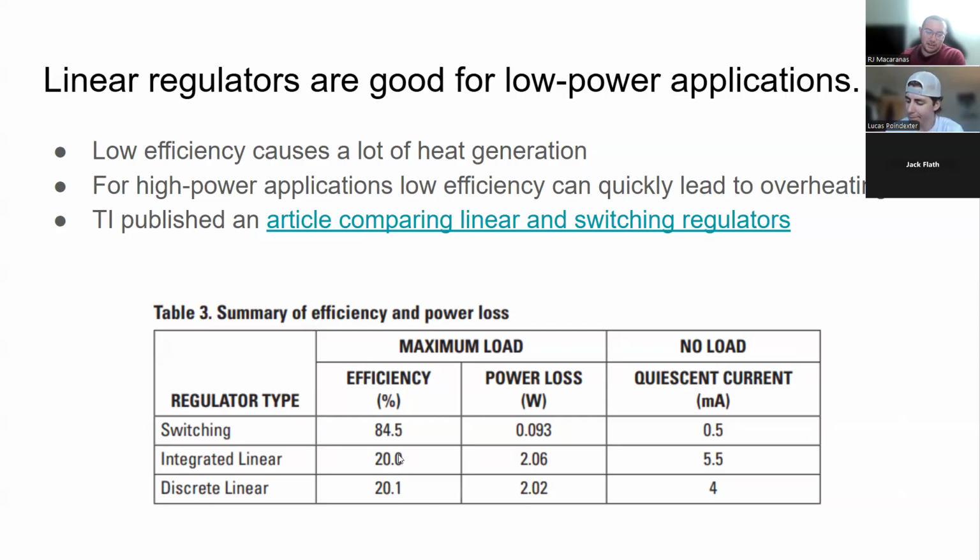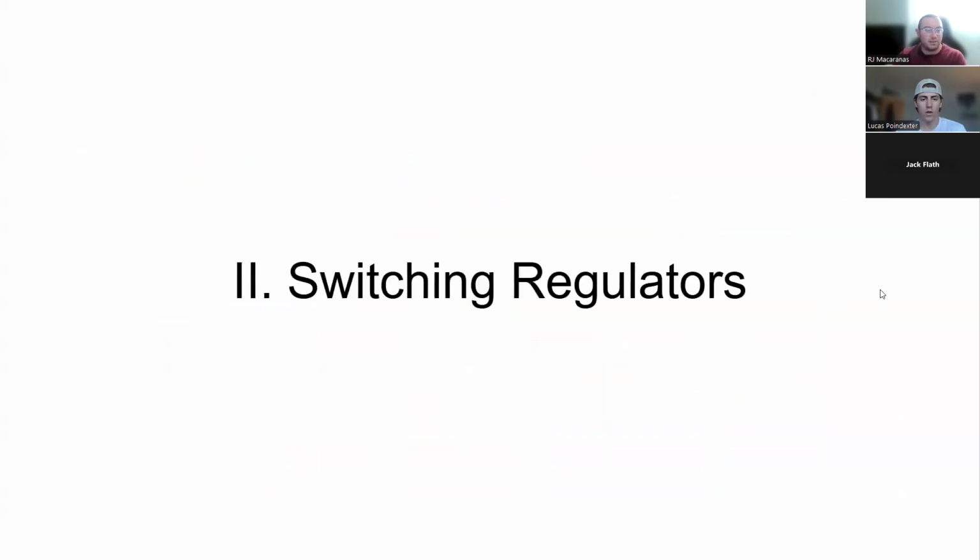And you can quickly see that for these integrated linear regulators and discrete linear regulators that they studied, the efficiency is only 20%, whereas for this switching regulator, they're getting about 84%. And so that's one reason we like to study switching regulators. And switching regulators are the next topic. So let's just jump into it.